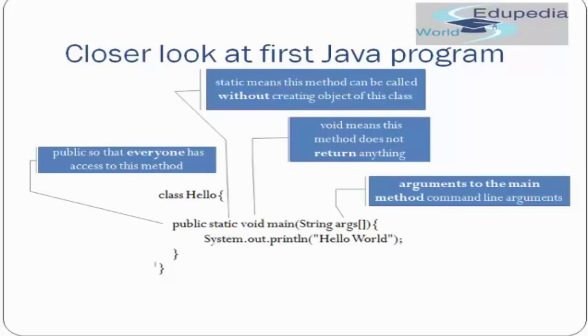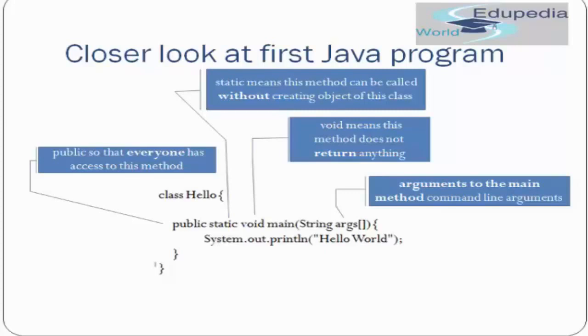You can choose to write these keywords before your method depending upon your use. If you are creating a method and you don't want to create an object for that class, for example, a utility method, like a method that just returns the current date, and you have written it in a class, but you don't need an object for that class because that object does not have any state.